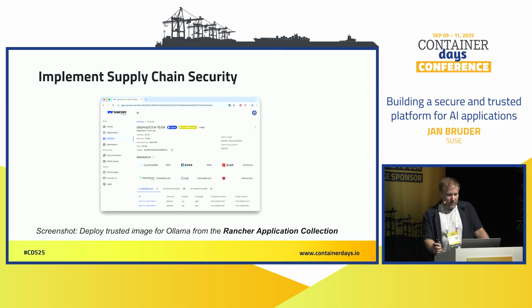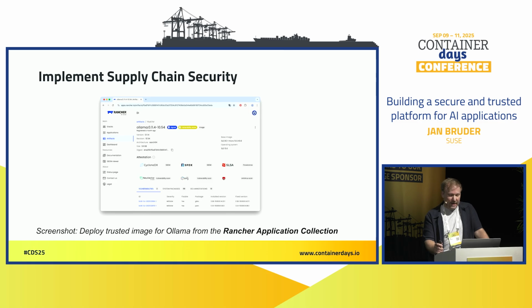So one way that we as SUSE can help with that is by using our Rancher application collection. This is basically a big repository of popular open source applications where SUSE builds all these images from scratch, from source, and then distributes them via our own secure registry.